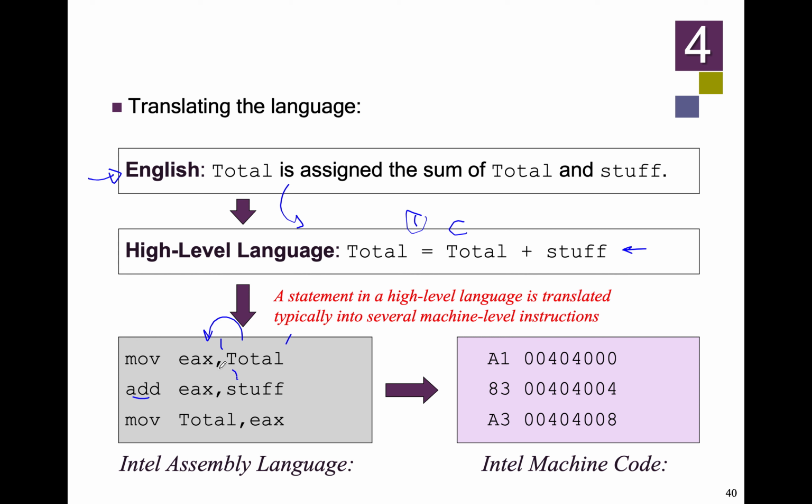So you need to add the staff with your total, which is already stored inside. Then you need to move the result, which is now already in your register because you already added, right? So the value in the EAX will be stored to your total. So let's say this is the example in terms of the Intel machine code, how they look.